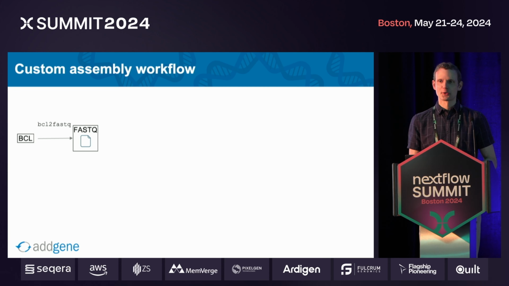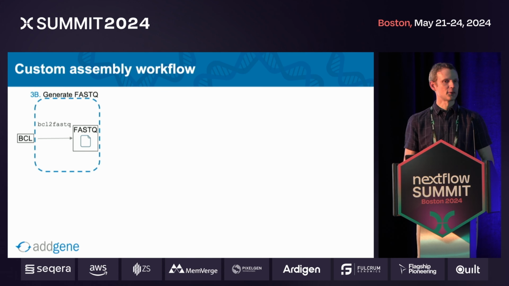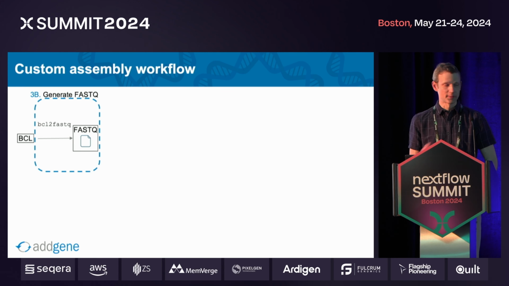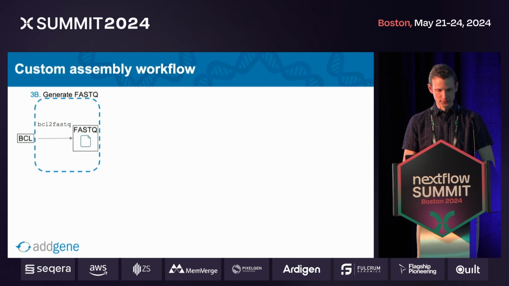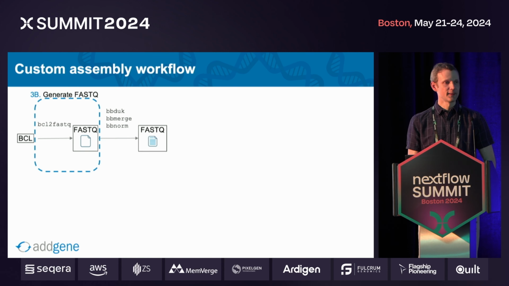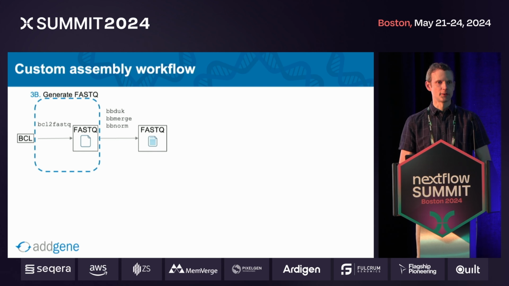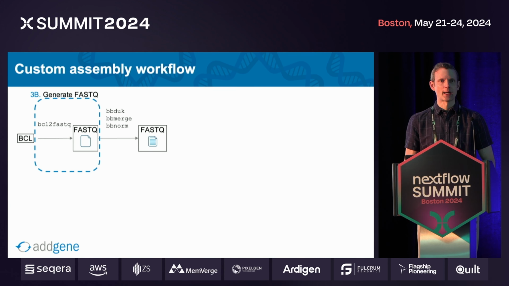So here I'm just going to show a little bit more in detail the custom workflow that we developed. The first step, as I said, was just to transfer the raw data files into our compute environment. And then we needed to generate the FASTQ files using the BCL to FASTQ program from Illumina. We then needed to perform some pre-processing or quality trimming of those FASTQ files. And we used the BBTools package from, I think, the Joint Genome Institute, starting with BBDuk to remove those low quality reads from our samples.